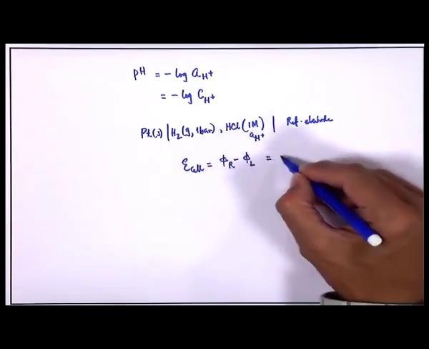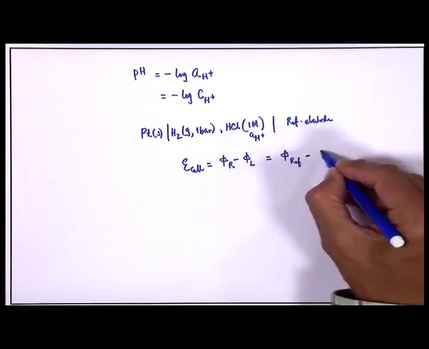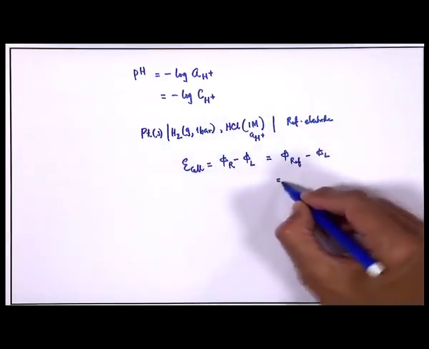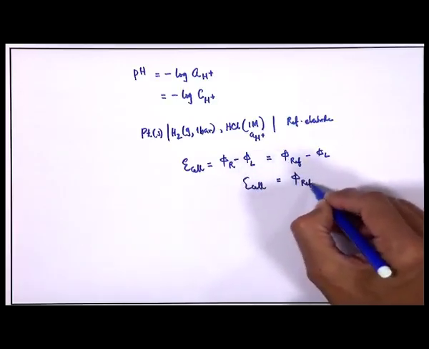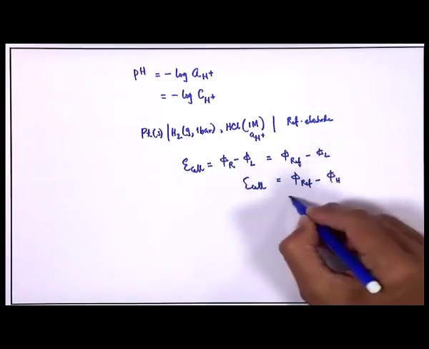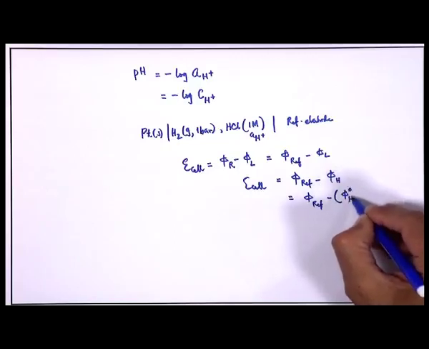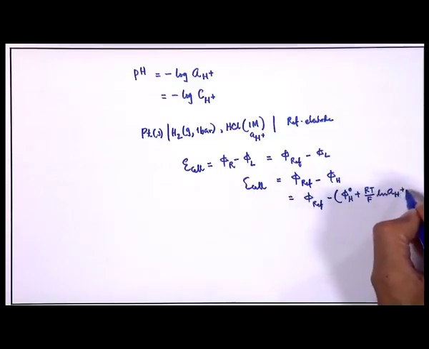So, phi right means phi reference, minus phi left. So, E cell is equal to phi reference minus phi H, therefore phi reference minus phi 0 H plus RT by F ln activity of H plus.